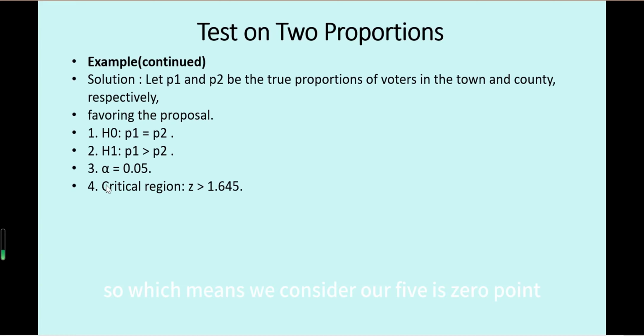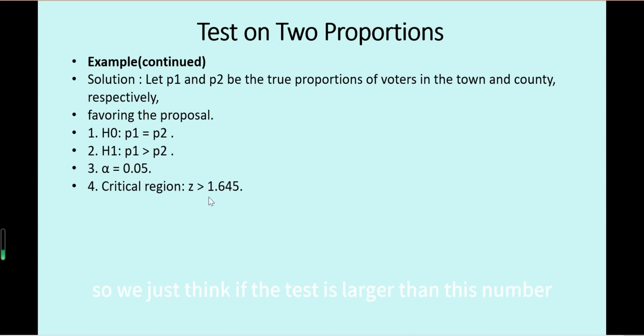So which means we consider alpha is 0.05 and the critical value Z equals 1.645 for the normal distribution, if we leave the probability 0.05 at the right side.